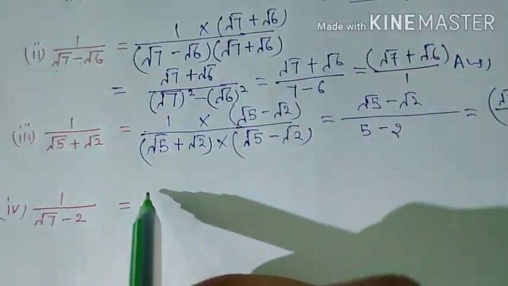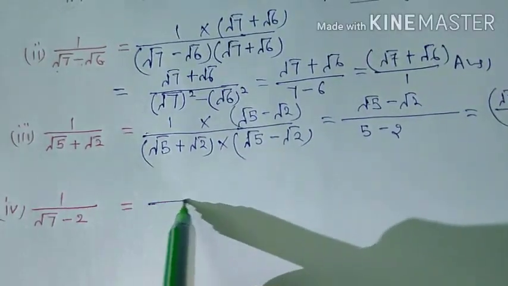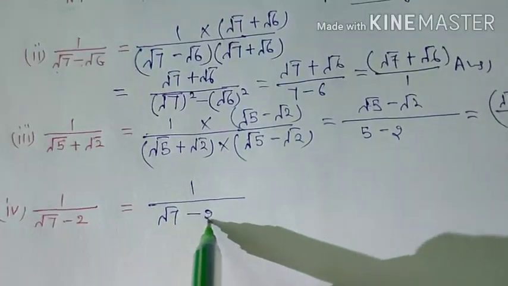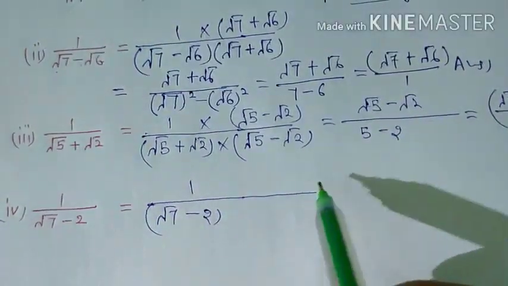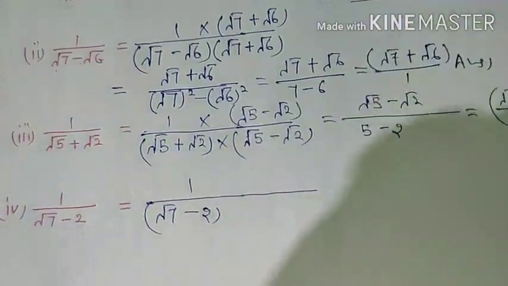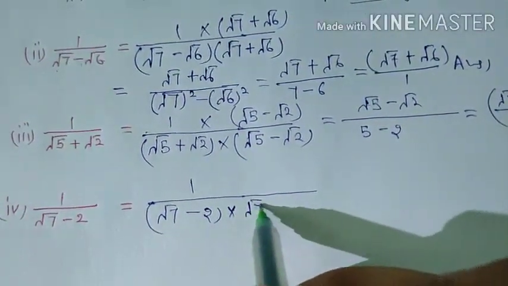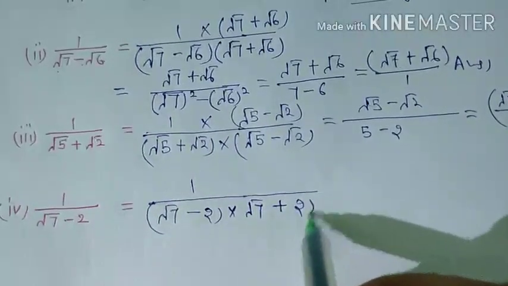Now here also 1 upon root 7 minus 2. Here also you have to multiply its conjugate, root 7 plus 2.